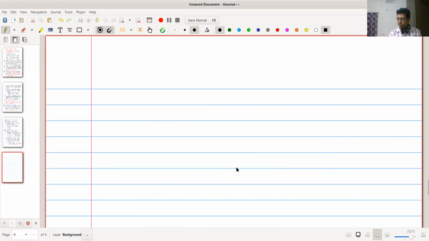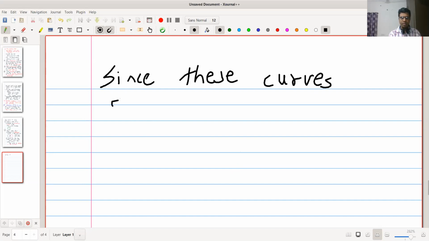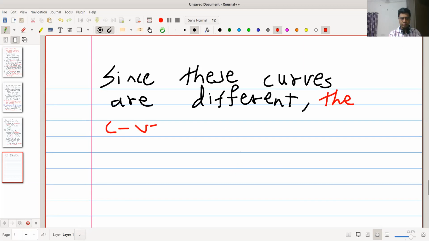Since these curves are different, the values of c are different for these curves. Since these curves are different, the c values at point a are different.